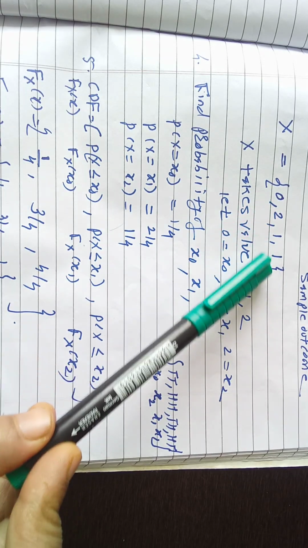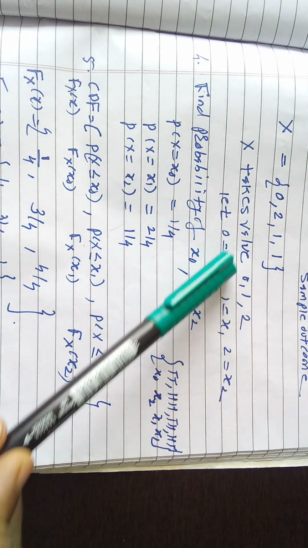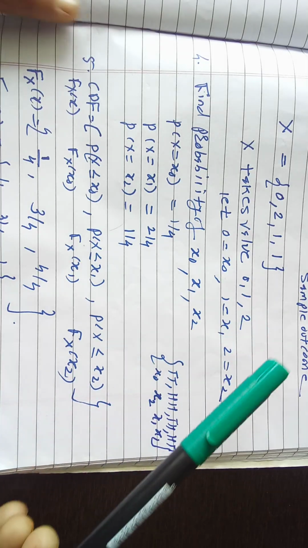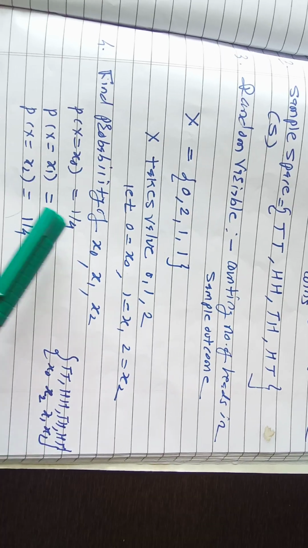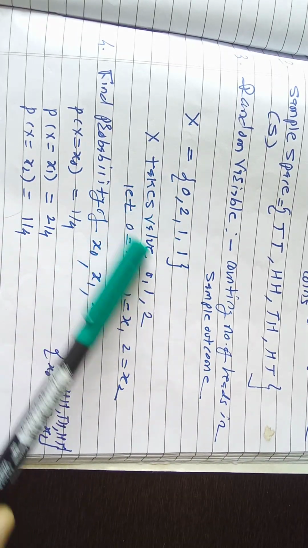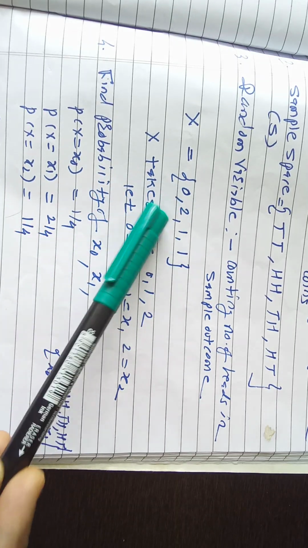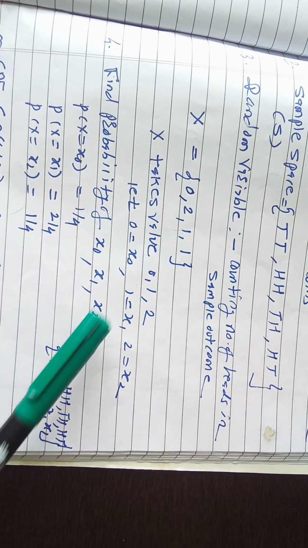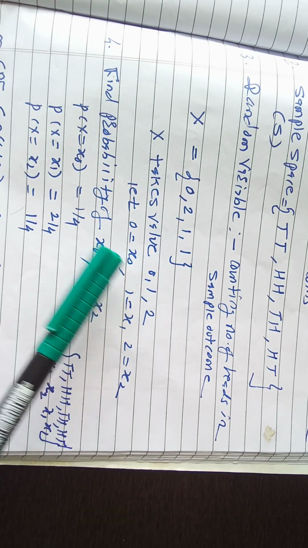We assign values x0, x1, x2, arrange them in ascending order, and for finding the probability of these random variable values you have to take this set and skip the repeated value.